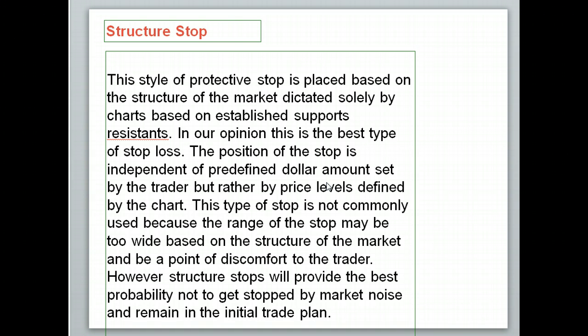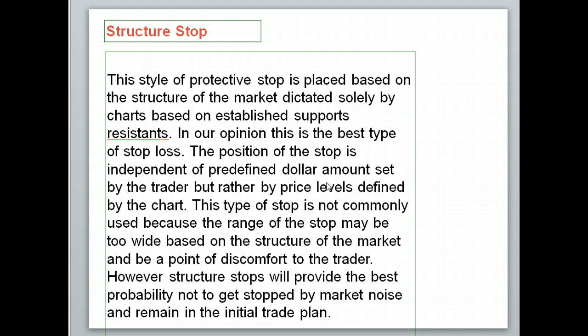In our opinion, this type of stop is the best because the stop is positioned independent of a predefined dollar amount set by the trader, but rather it's a stop that you place based on defined levels given to you by the charts.